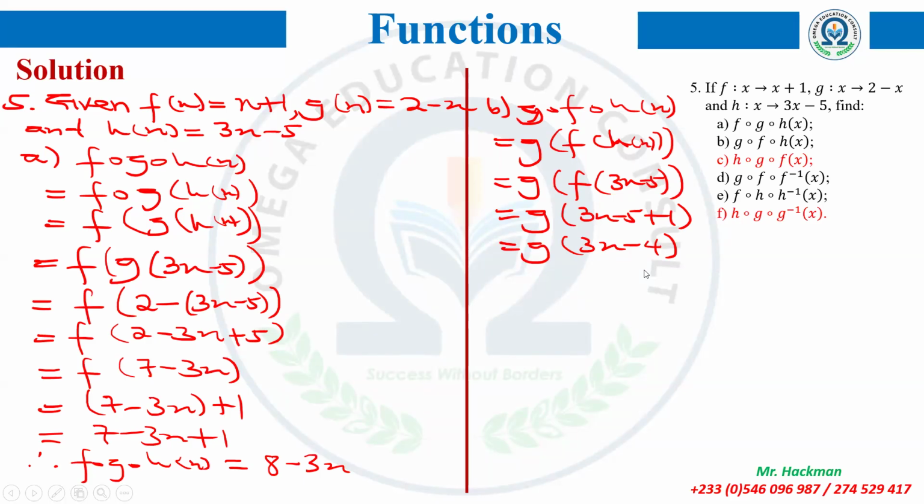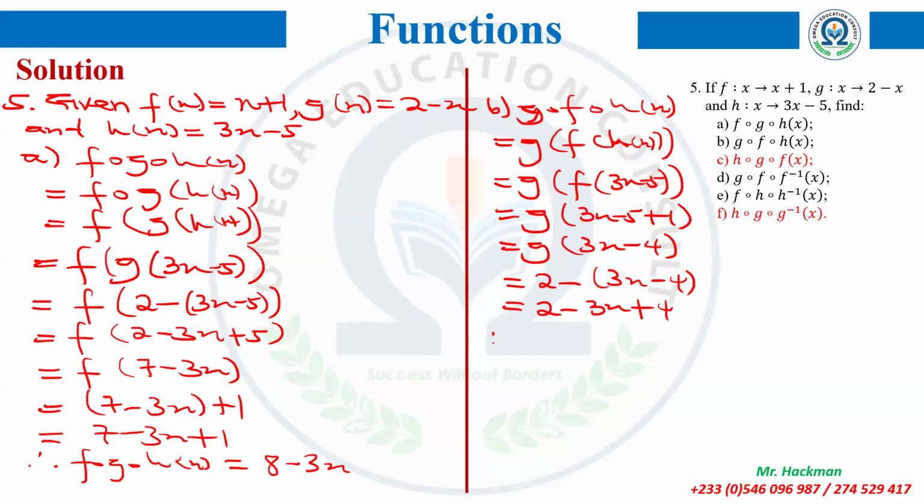So we are going to get this to be equal to 2 minus x, and your new x for g is the whole of 3x minus 4, so you put that in bracket. Here failure to put it in brackets will be costly. So this gives us 2 minus, you remove the bracket, 3x, then plus 4.